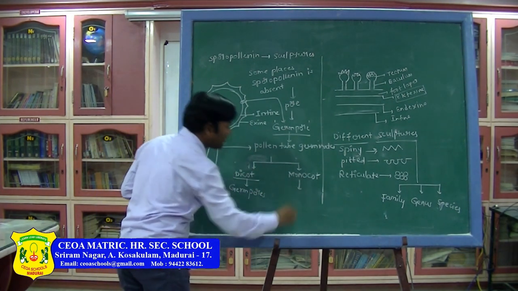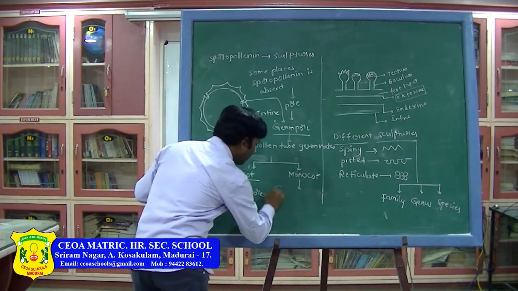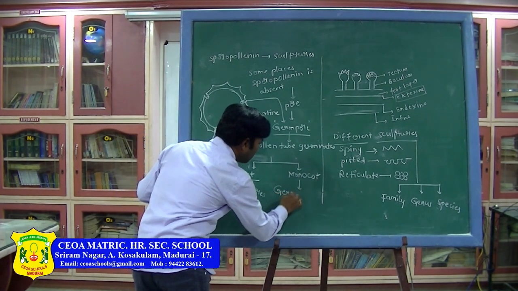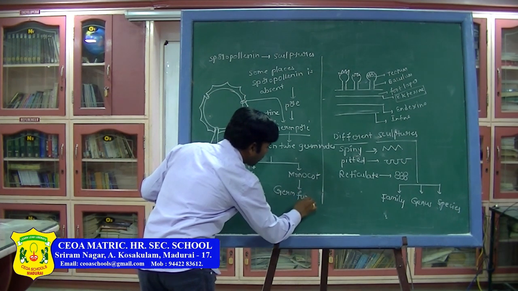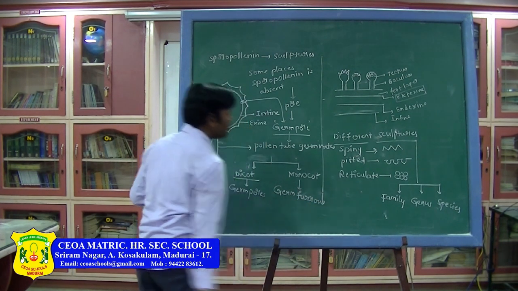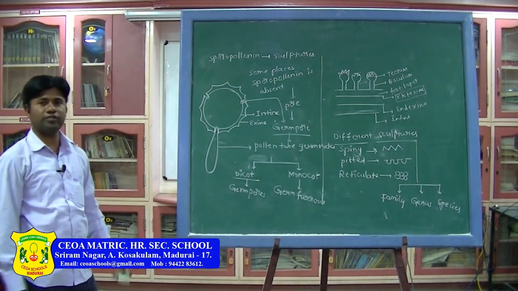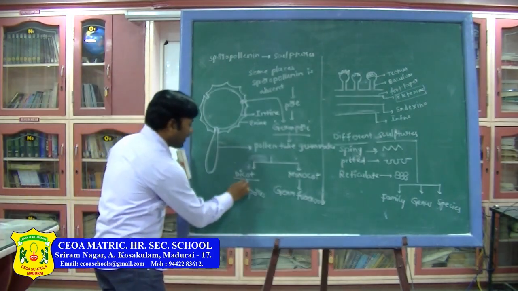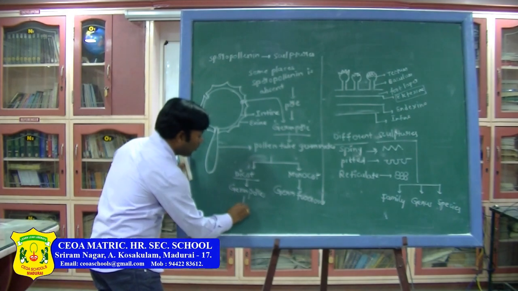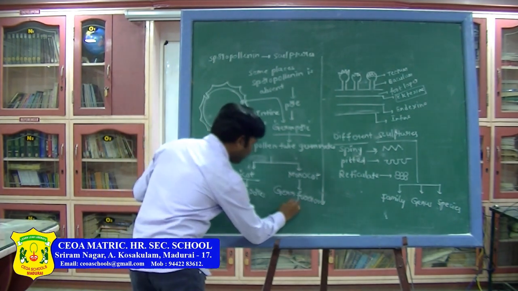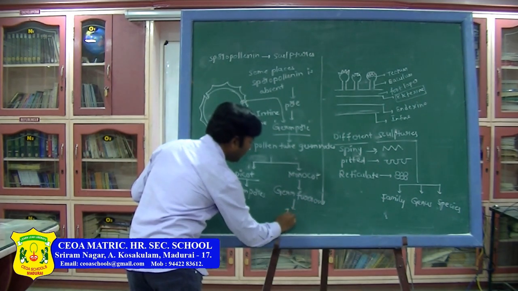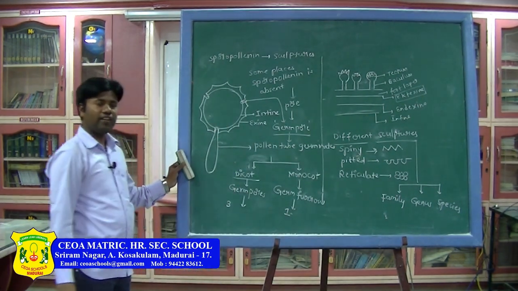But in monocots, these are called germinal or germ furrows. In a dicot, how many germinal pores are there? There are 3, whereas in monocot only 1 germinal pore is present.